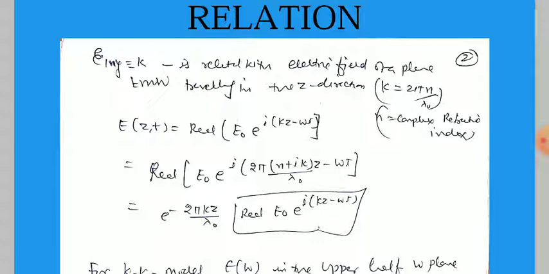We substitute the value of k: the real part of E0 e raised to power iota 2 pi (n plus iota k) by lambda 0 z minus omega t. Here we write epsilon k equal to n plus iota k, n is the real part and k is the imaginary part. So this can be divided into two parts. The outer part is e raised to power minus 2 pi k z by lambda 0, times the real part of E0 e raised to power iota (kz minus omega t).